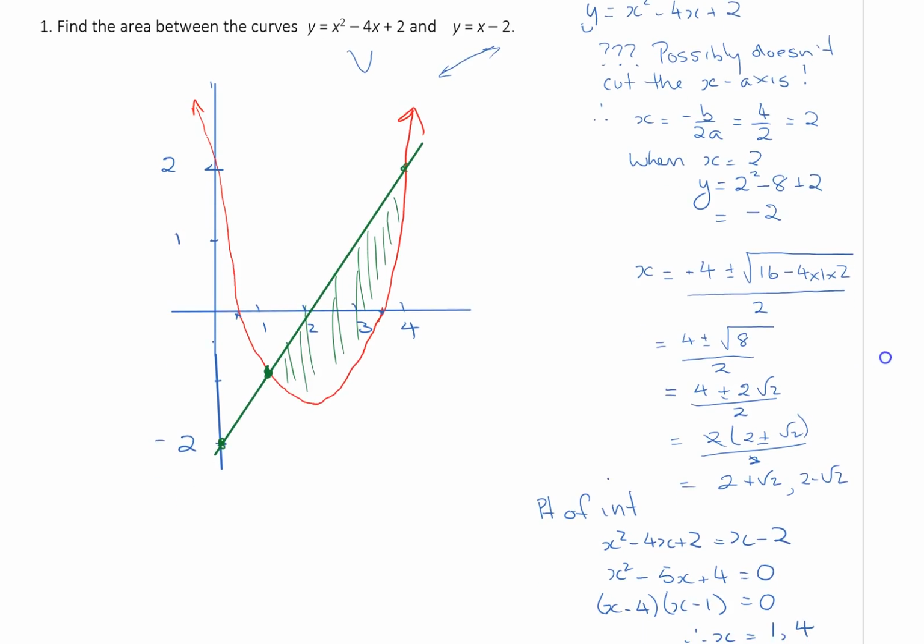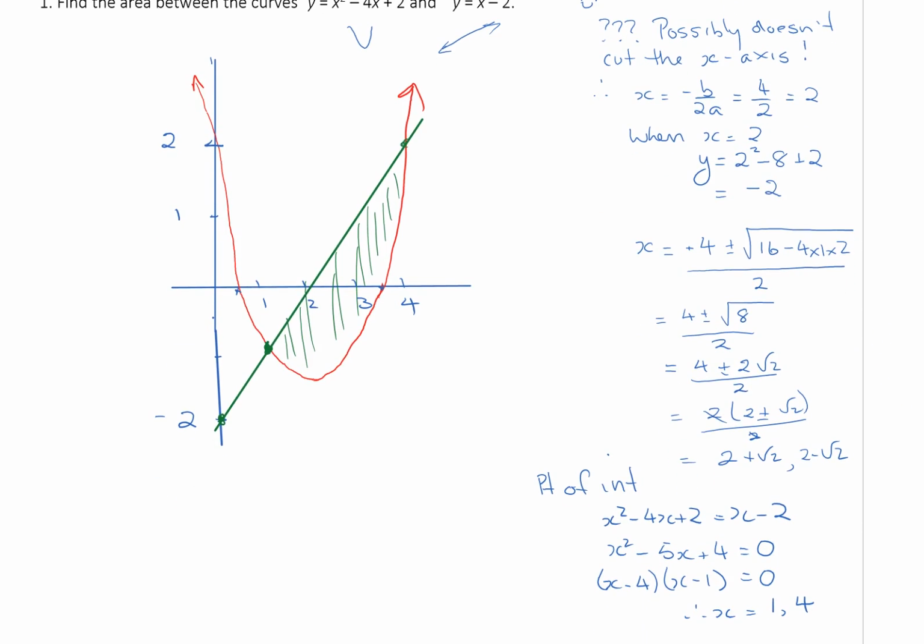What else have I done? Oh, I've pursued the point of intersection now. To graph the straight line, cutting at minus 2 with a positive gradient, rise 1, run 1, gradient 1, it's looking like it possibly cuts at x is 1, y is minus 1.